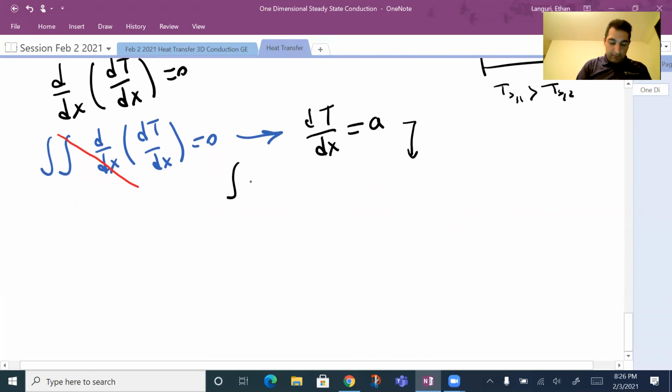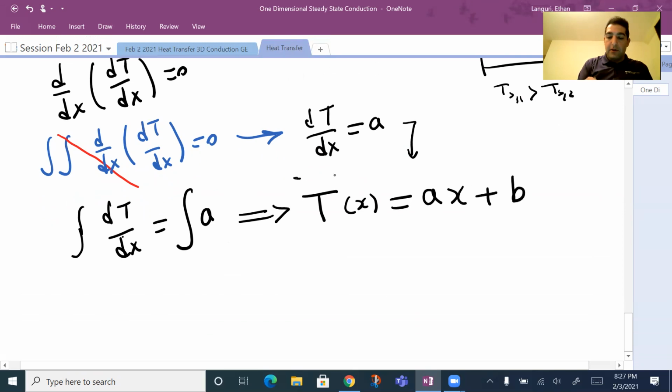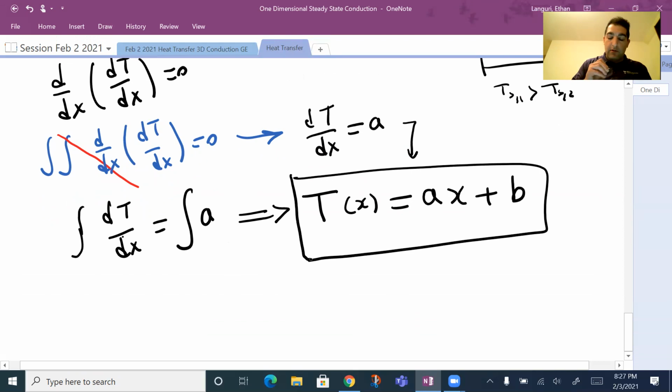Integral of dT over dx is equal to integral of A, right? You take the second integral of both sides, and the integral of dT over dx is simply T as a function of x, and the integral of a constant is Ax plus B, right?